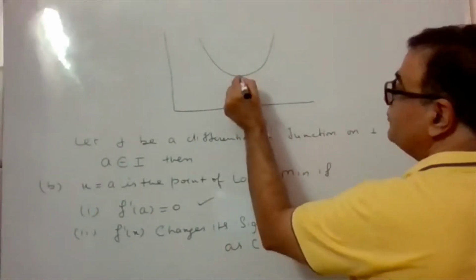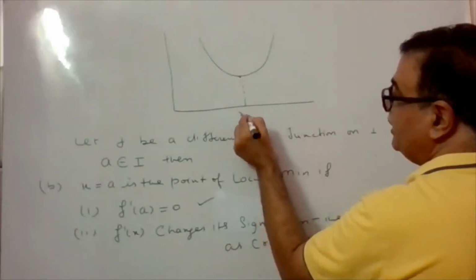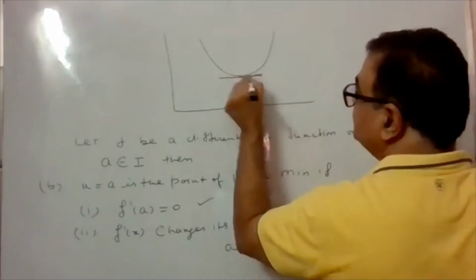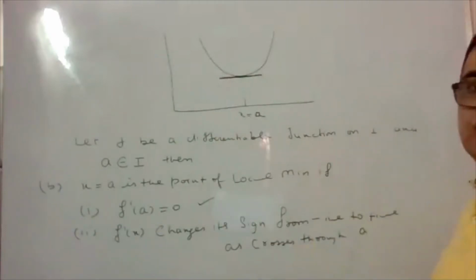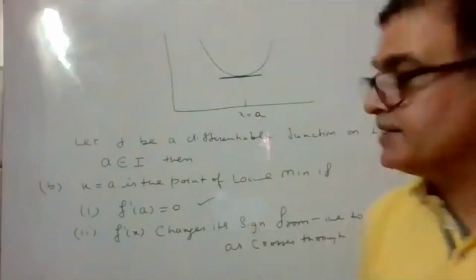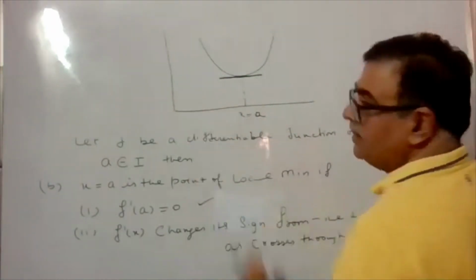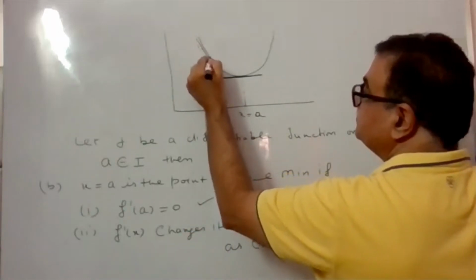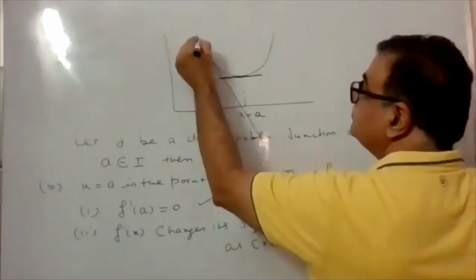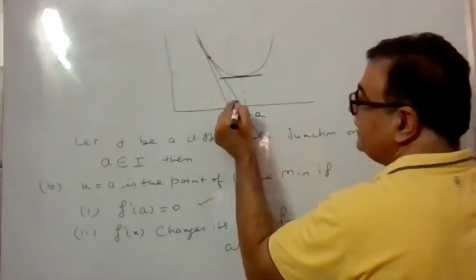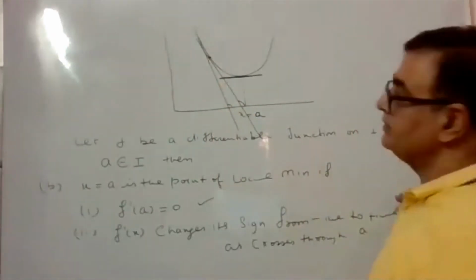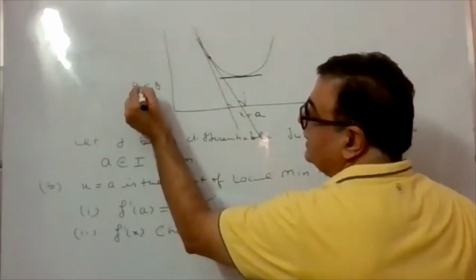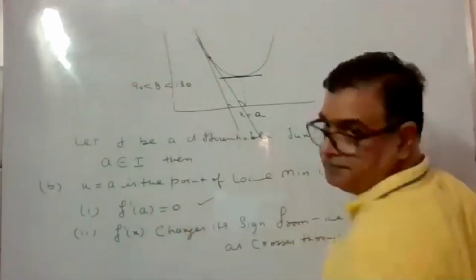This is the point x is equal to a, where the first thing we get is that f dash a is 0. The tangent is coming parallel to the x-axis. Now if I take the left side first and draw the tangent here, these angles are obtuse angles, or I should say theta is between 90 and 180.